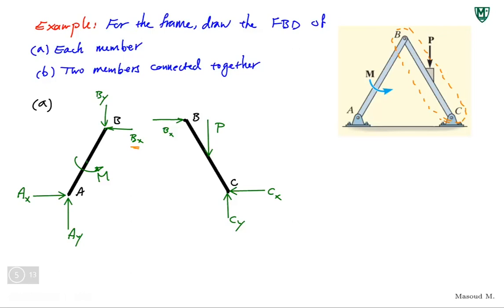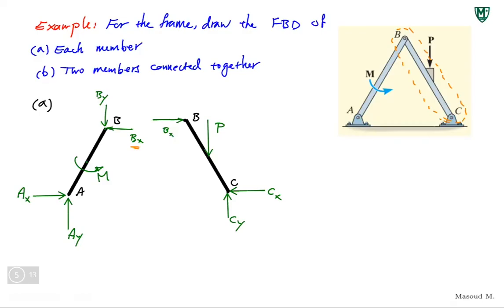At point B, the frame is not falling apart, is not dismantling, right? It's just standing right there. That means it's in static equilibrium. So whatever force is applied from member AB to member BC is equal to the force applied from member BC to member AB. Right? Action and reaction.